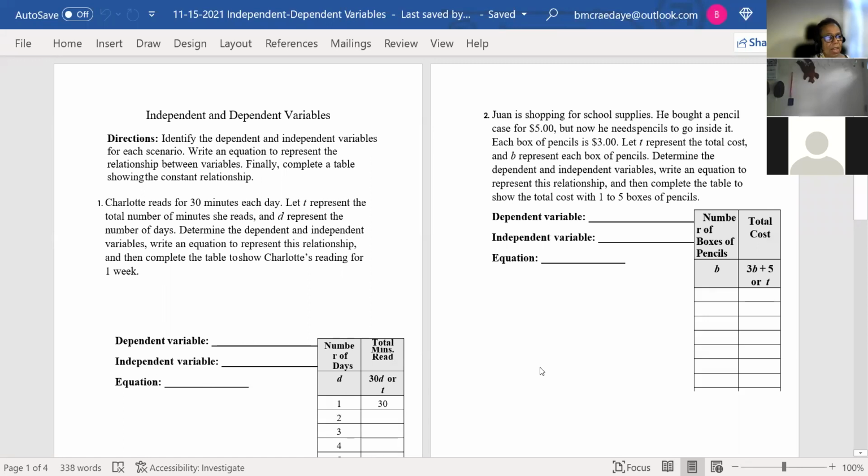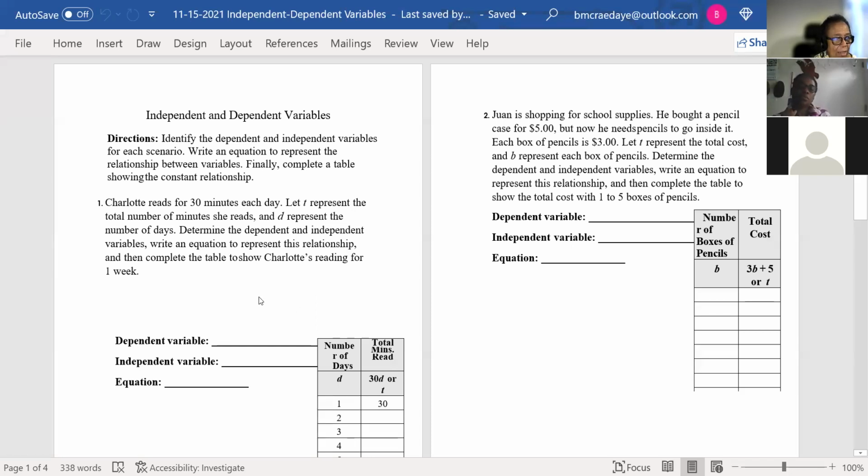Now, let's look at independent and dependent variables. Charlotte reads for 30 minutes each day. Let T represent the total number of minutes she reads and D represent the number of days. We want to determine the dependent and independent variable, write an equation to represent the relationship, and then complete the table.